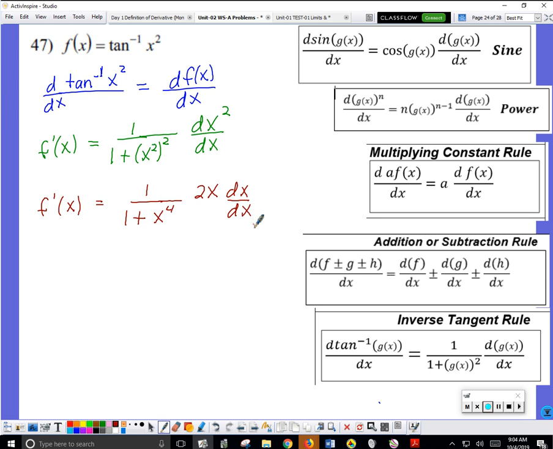Is that pretty good there? So heads up. What are the factors of the numerator? This is a big old fraction again, big old, as they say in the South. What are the factors of the numerator? 1, 2, x.